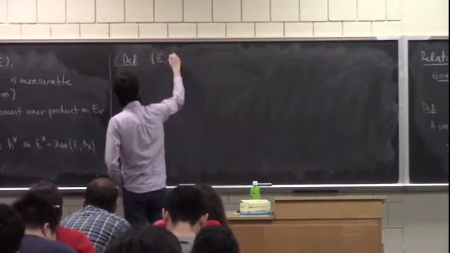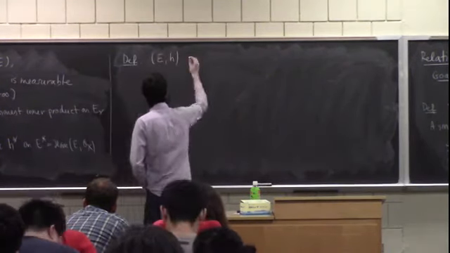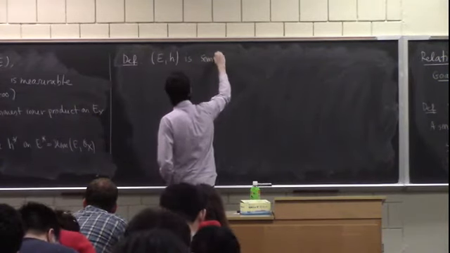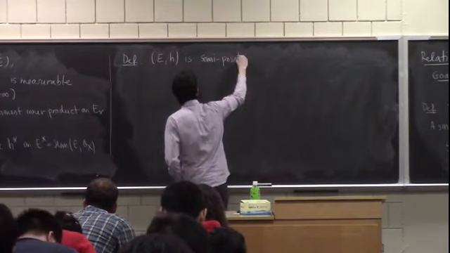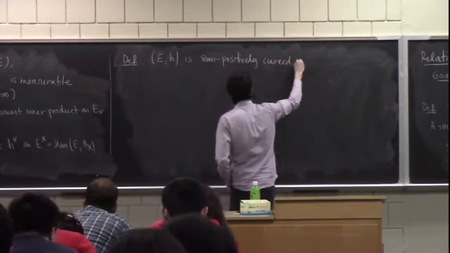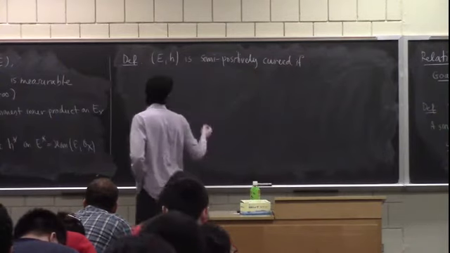So I'm going to have a bundle and then a singular metric like this, and we'll say that this is semi-positively curved. And then I'll just tell you what the condition is.